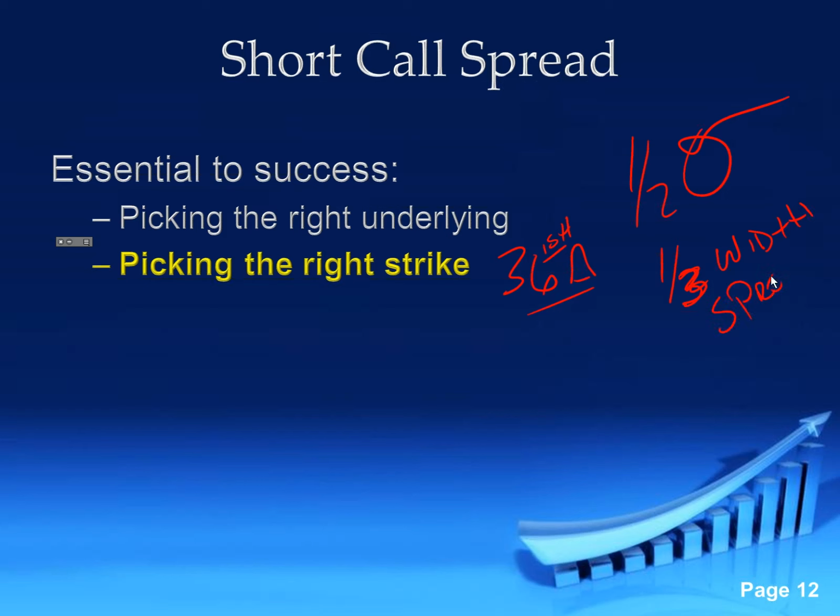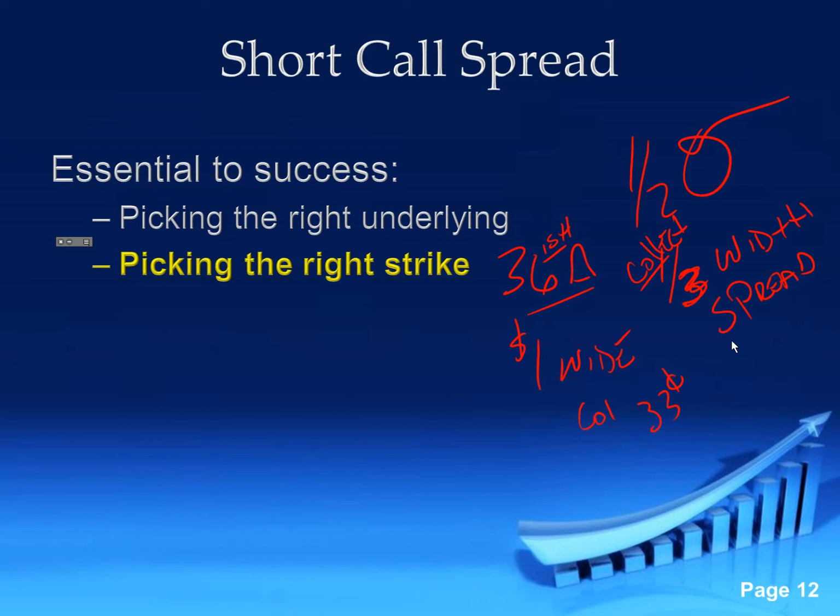So if it's a dollar wide, then we're collecting 33 cents. And then therefore we kind of move it all the way up.